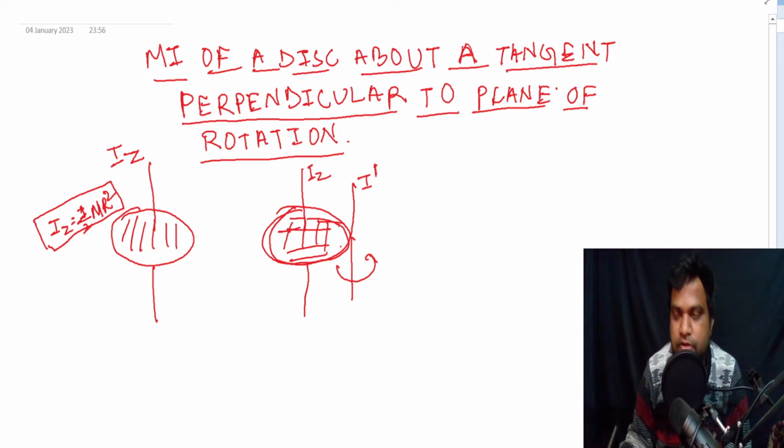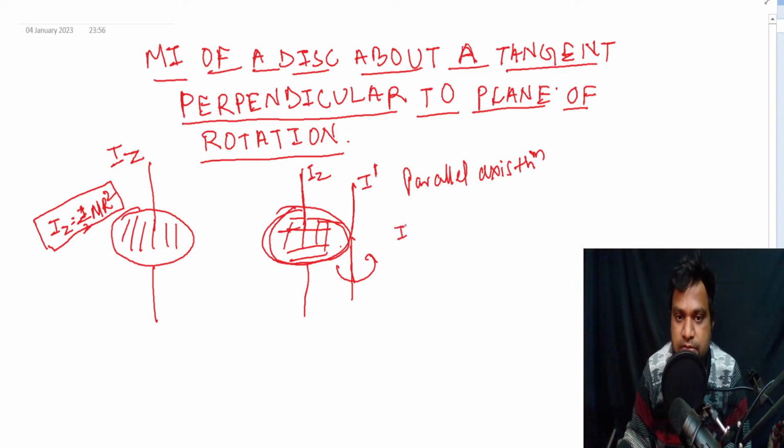Now what theorem we'll use? We'll use parallel axis theorem. You can see that this axis and this axis are parallel to each other. So we can easily use the parallel axis theorem. From parallel axis theorem, what we can write?